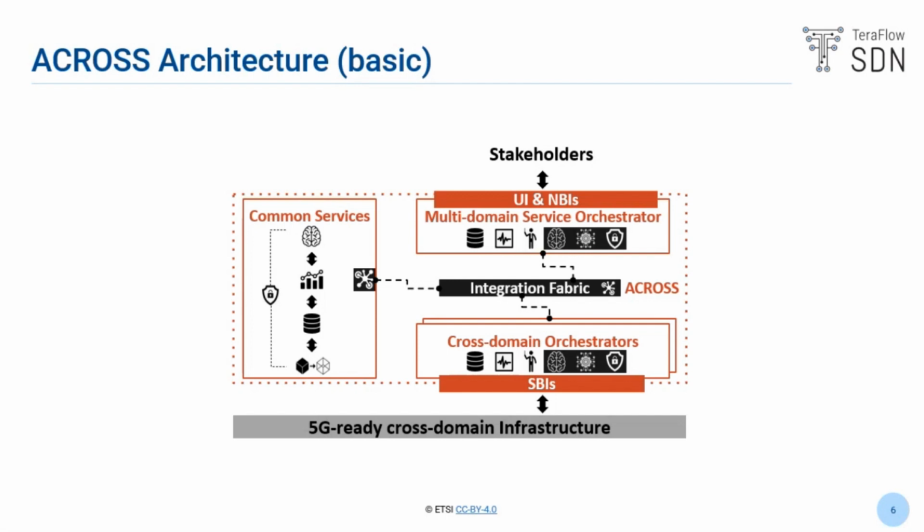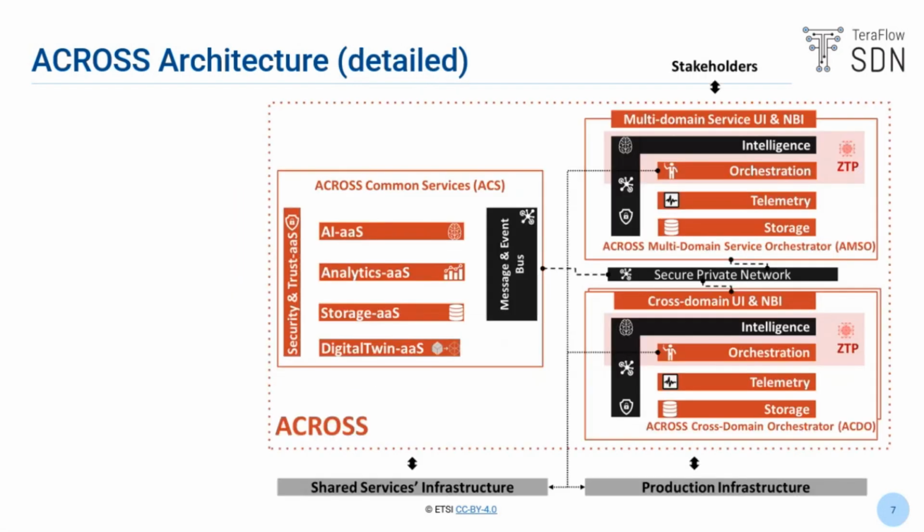And then on top, we have the multi-domain service orchestrator that is in charge of managing these cross-domain orchestrators. Besides, we have a set of common services that provide extra features that are consumed by the different cross-domain and multi-domain orchestrators.